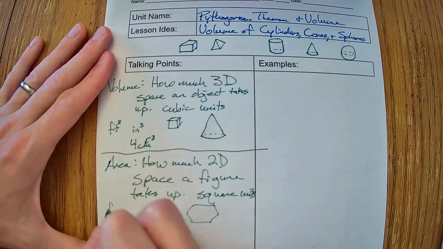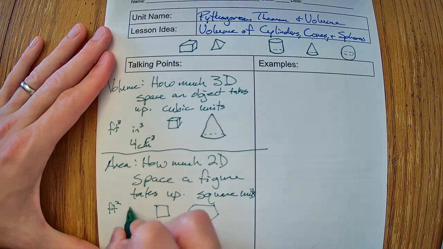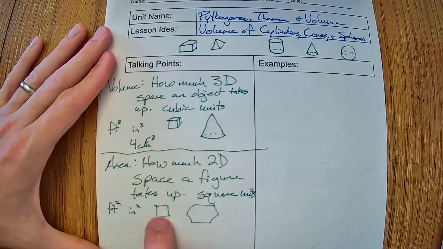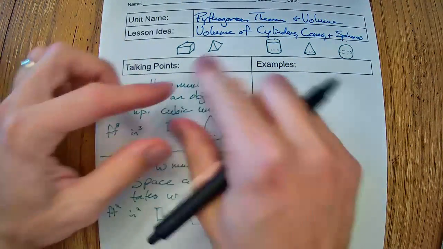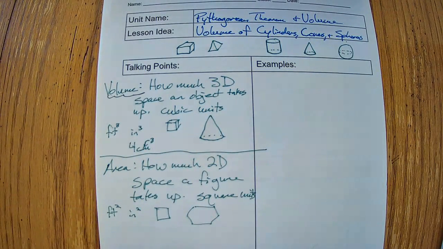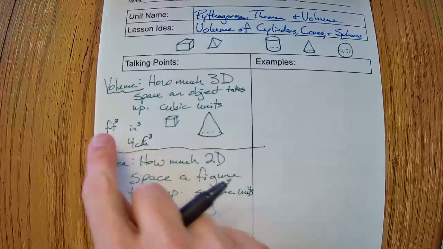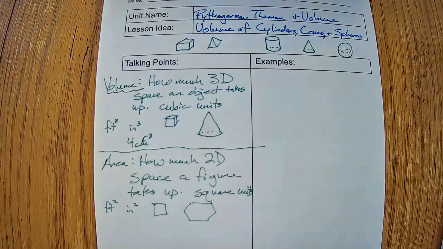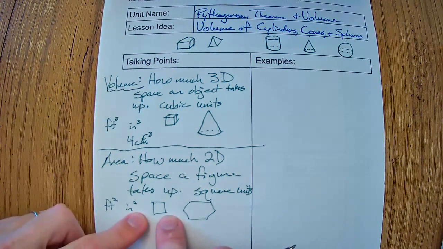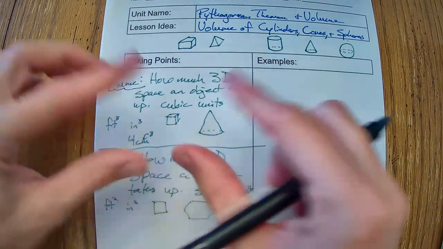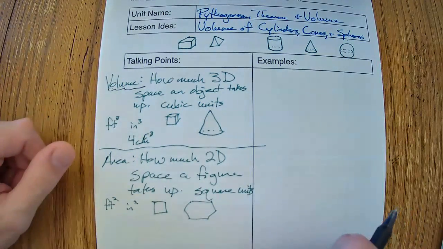And again, we would measure those in, say, feet squared or inches squared. So again, how many squares would fit? But our focus today is in volume, how much of this 3-dimensional space we are using. So again, make sure that we're using proper units, proper metrics there. We don't want to be using, say, feet squared or just plain feet. We're not measuring a linear distance or an area measure. We're taking a volume, a 3-dimensional measure.